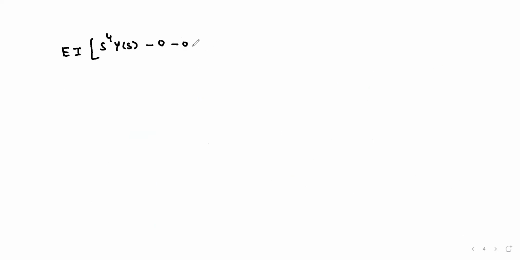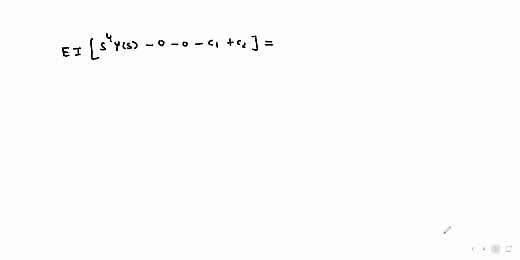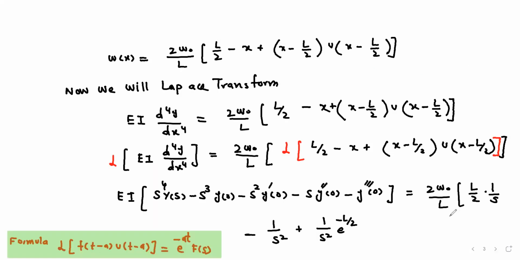Y prime is equal to 0, and let us call it minus c1 plus c2 is equal to the other side of this equation, which is equal to 2w naught by L by 2, 1 by s.